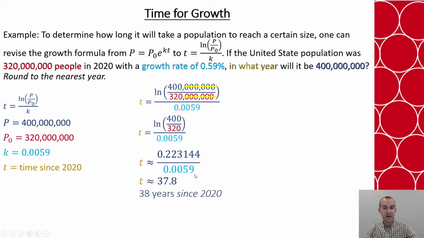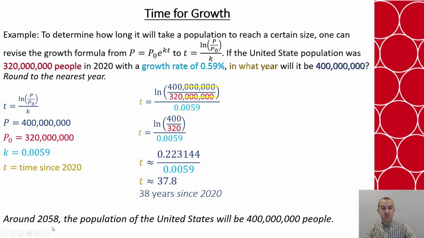Again, I divide that out, and that'll give me about 37.8, or about 38 years. And I got to remember, that's 38 years since my start, which was 2020. So 38 plus 2020 would say that in about 2058, the population of the United States will be around 400 million people.